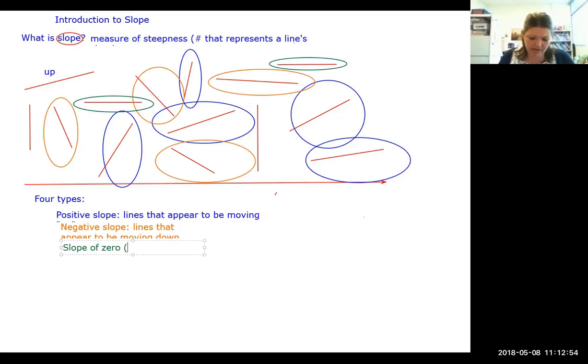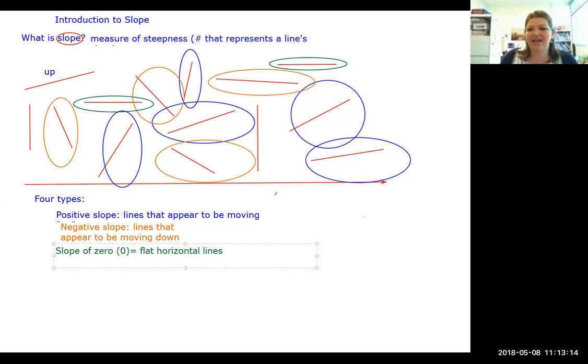You could spell it out, or you could just give me the number 0. What's the slope? It's 0. And those are for our flat horizontal lines. I hope that one makes sense, because if you can remember that one, then the other one will follow.